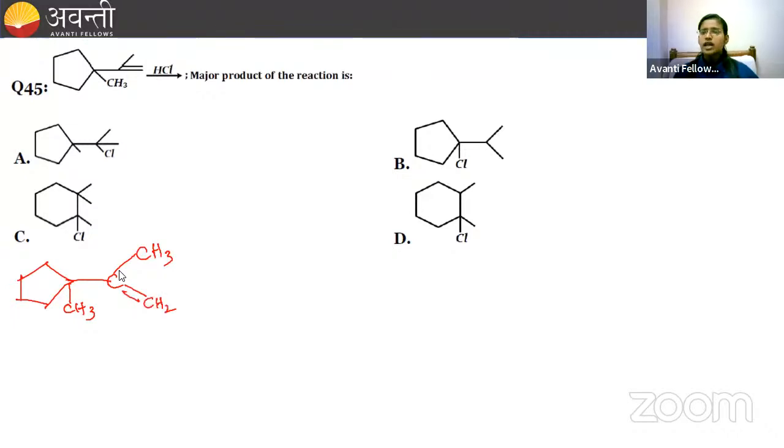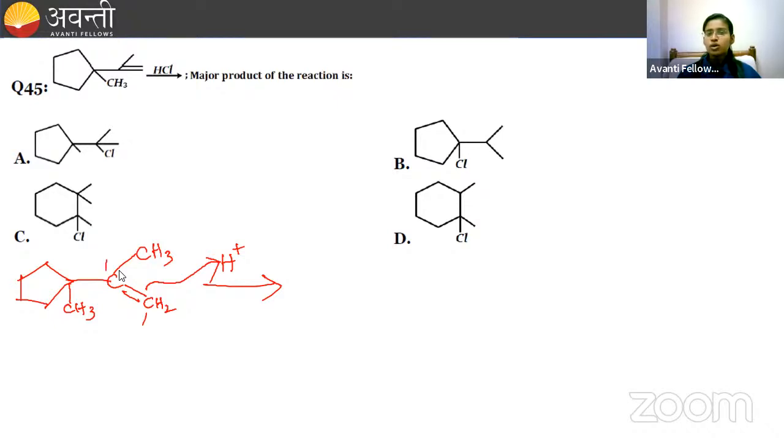It is treated with HCl. So first of all, it will react with H plus in the HCl. The alkene will go and attack the H plus and it will form a carbocation. So which carbocation will form? The hydrogen will go to which carbon, whether to this carbon or this carbon?